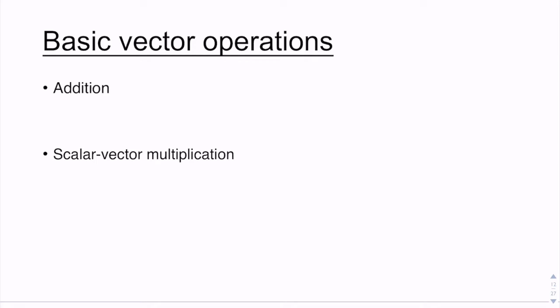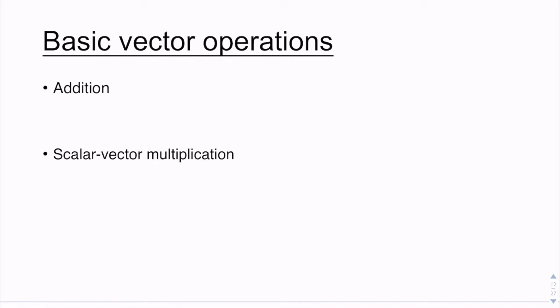Like any space, in a vector space we should be able to add vectors up and we should be able to scale them. There are two basic operations defined on a vector space: addition and scalar-vector multiplication.